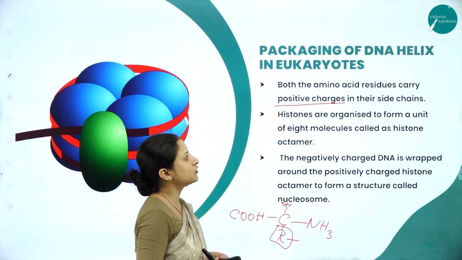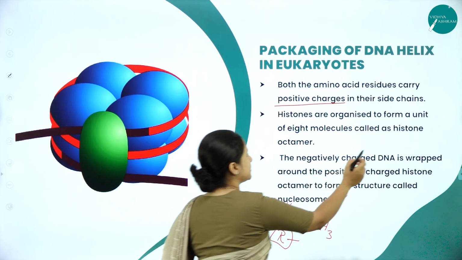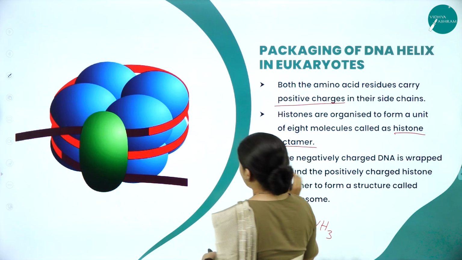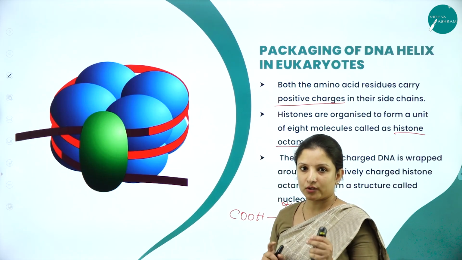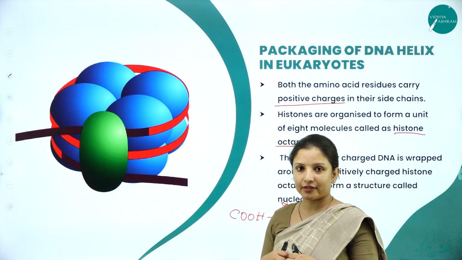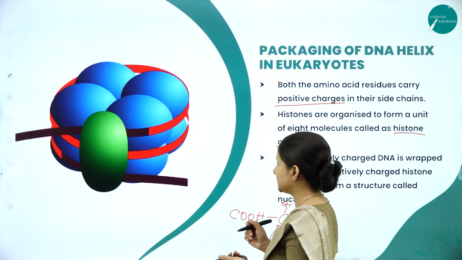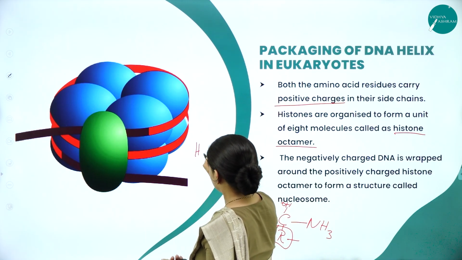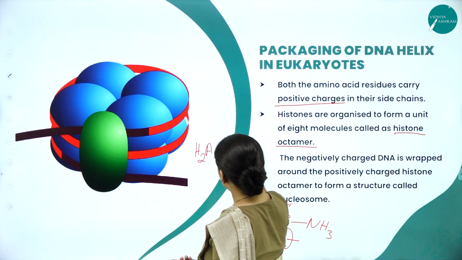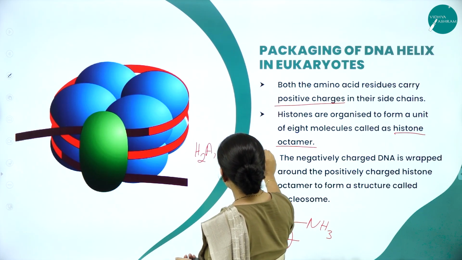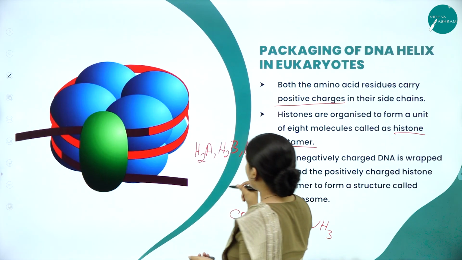So histones are organized to form a unit of 8 molecules called the histone octamer. Is it made up of just one histone? No. There are different types of histone proteins present. In eukaryotes, especially in we human beings, for example, we have the histone proteins H2A, H2B, H3 and H4.